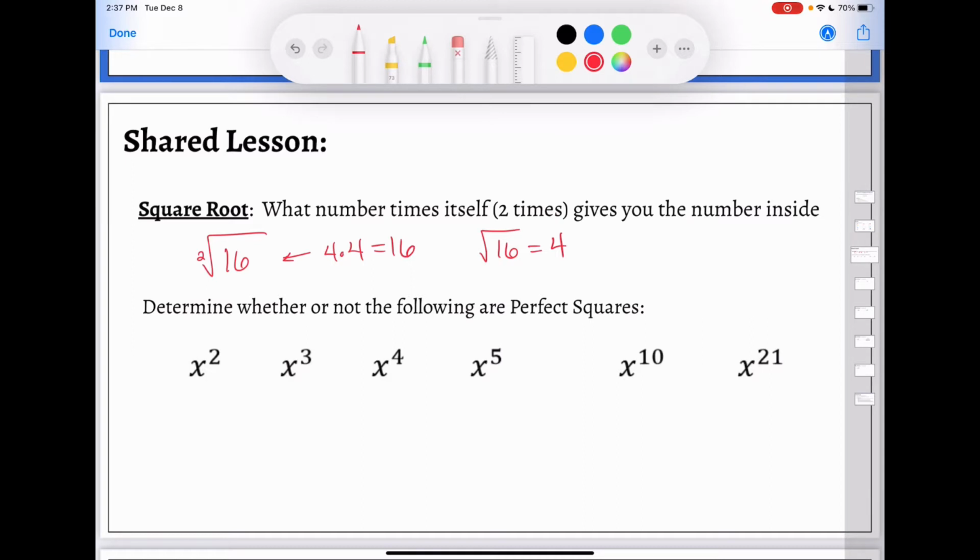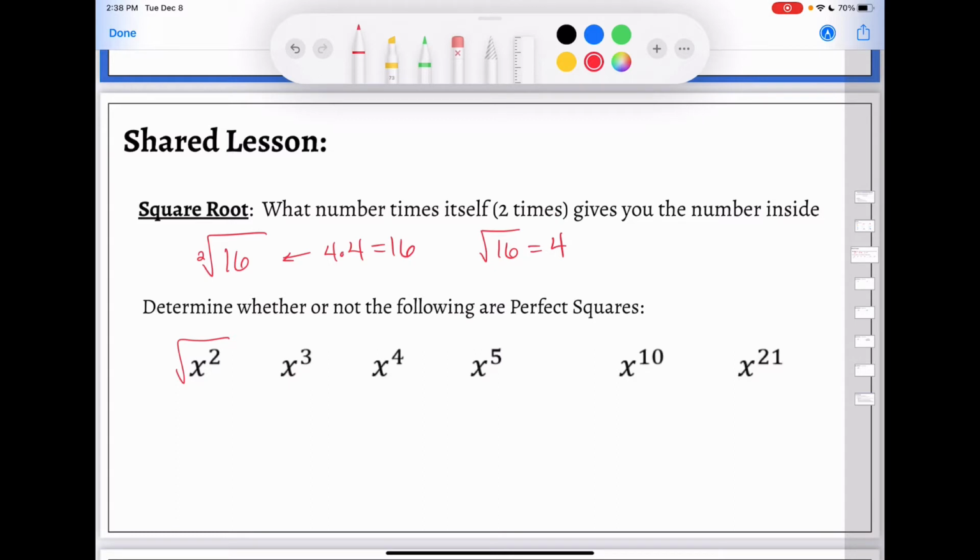The only thing is, we're going to take it beyond just numbers here, and we're going to have some variables and things going on in there too. So we need to decide, is the following a perfect square or not? If I had the square root of x squared, is x squared a perfect square? Is there something times itself 2 times that would give you x squared?